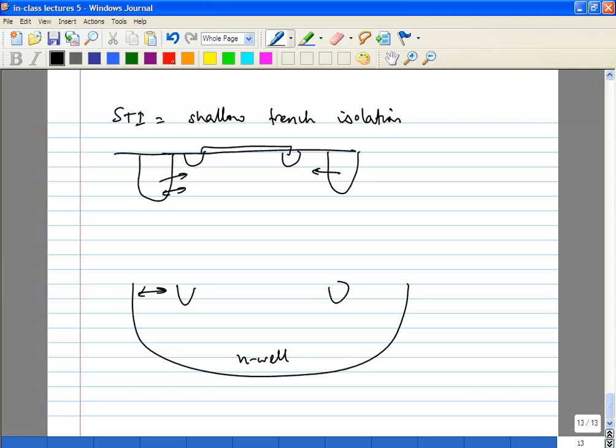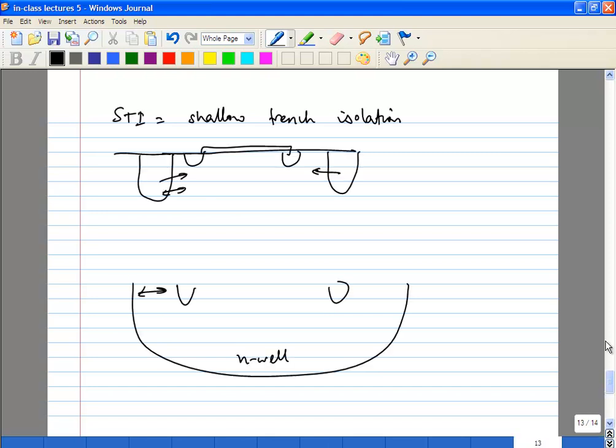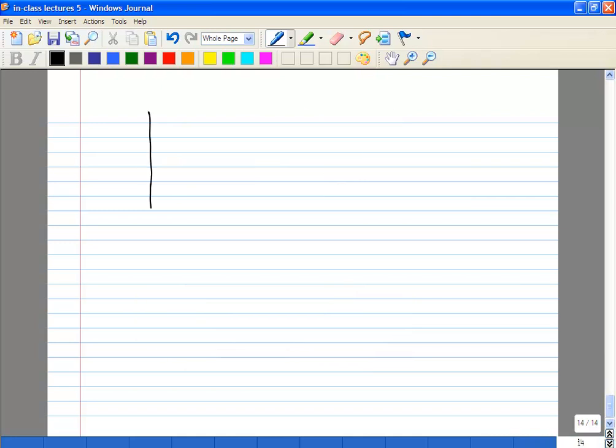Coming back to shallow trench isolation, for example, you can build a simple current mirror. Depending on this distance, you can try to plot your mirror ratio versus the separation from the trench. It will probably look something like this.